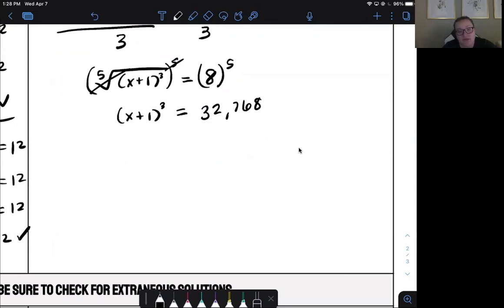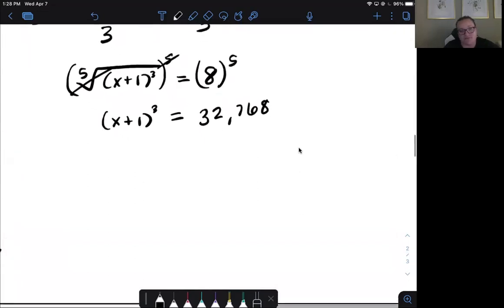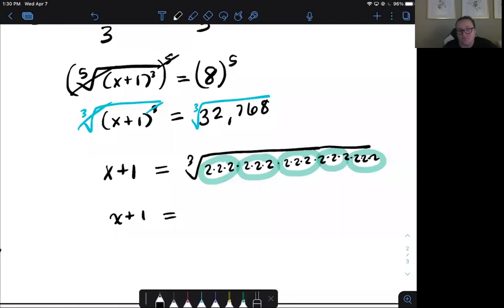Then we are going to cancel the cubed. So how are you going to cancel the cube? You're going to take the cubed root. So the cubed root cancels the cube. We're left with what was under the radical. And now we need to find the cubed root of 32,768.